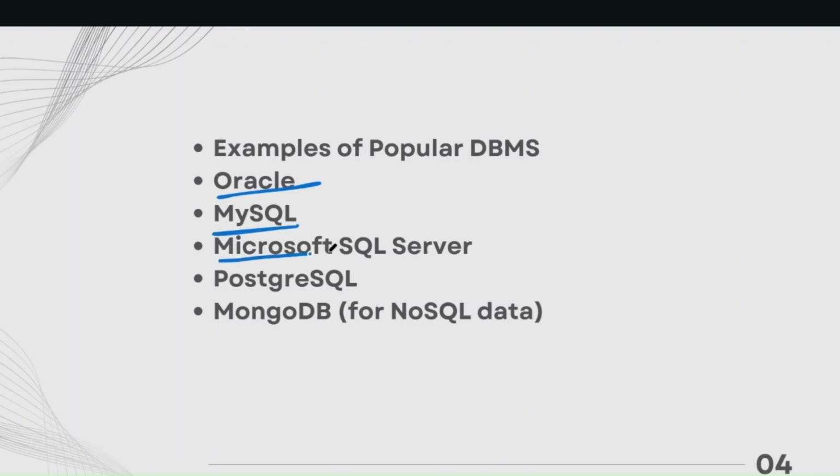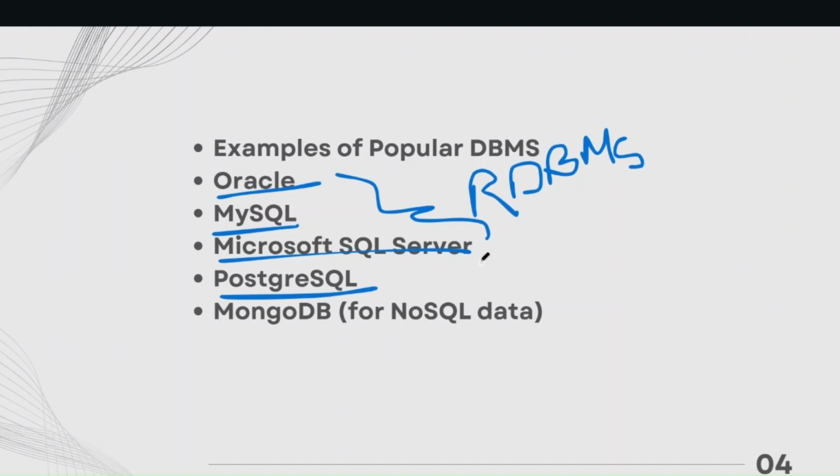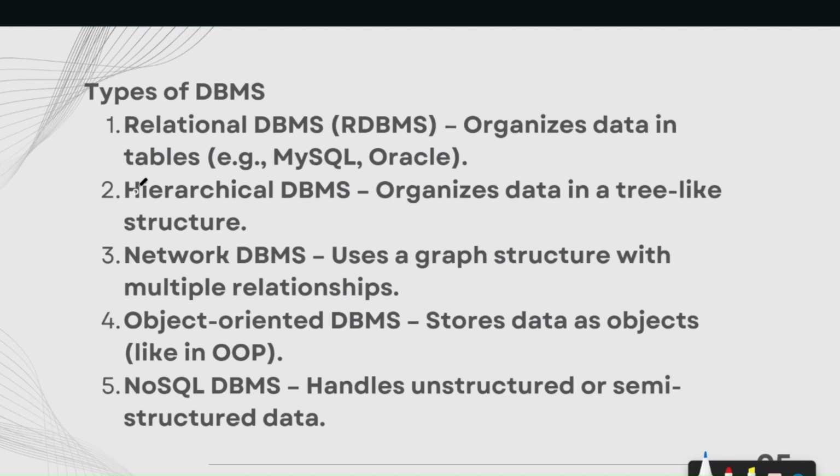Oracle, MySQL, Microsoft SQL Server, and PostgreSQL come under RDBMS, which is nothing but Relational Database Management System, and MongoDB comes under NoSQL database management systems. Now let's see the types of database management system.